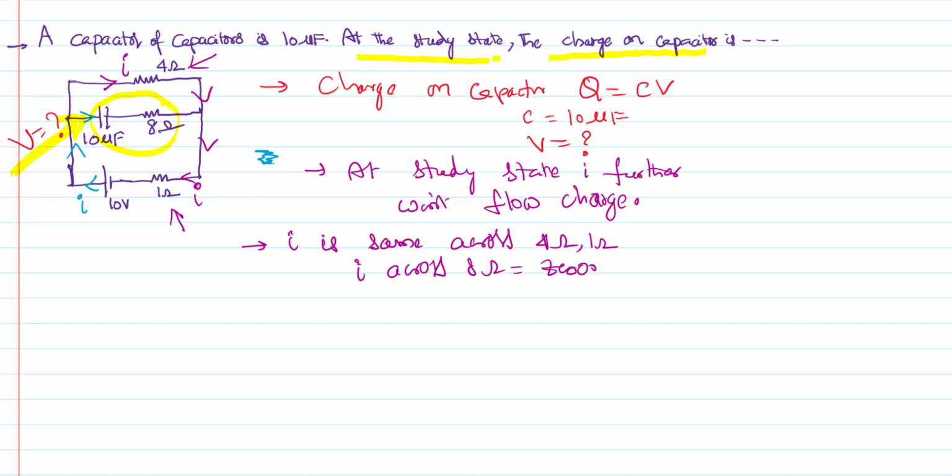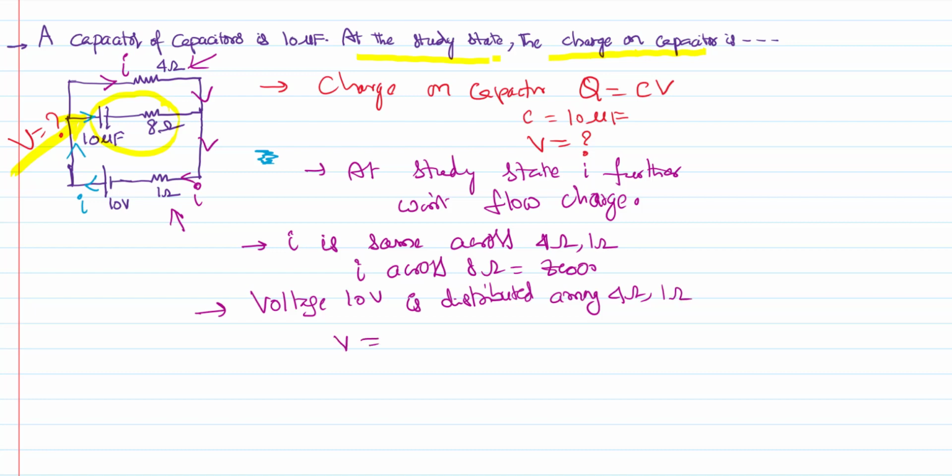As the current is the same, that means what? They are in series, and hence the voltage, 10 volts, is distributed among 4 ohms and 1 ohm. How is it distributed?